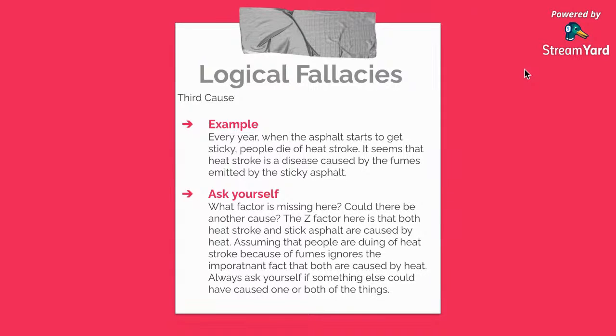So assuming that people are dying of heat stroke because of fumes ignores the important fact that both were caused by the heat. So you have to ask yourself, was there something else besides one or both of these things that could have caused this?